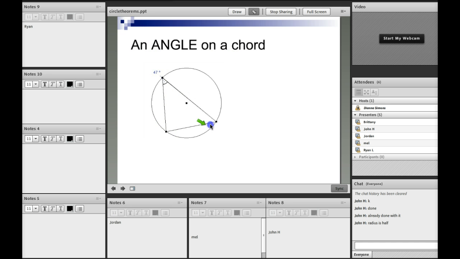This part down here is our chord, and when I draw these lines to any point on the circumference, the angle is always going to be the same. It's always going to be 47 degrees. In this particular case, they're just saying it's 47. Does that make sense? Okay, remember that.